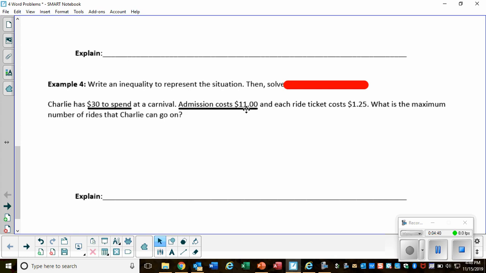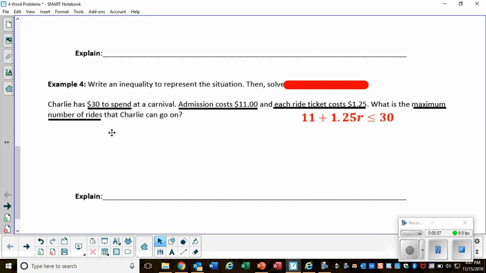Admission costs $11, and that's plus each ride costs $1.25. Oops, I showed you guys too early. Whatever. Maximum. What is the maximum number of rides? That means I could be less than or equal to. Okay. And they're asking about the number of rides.